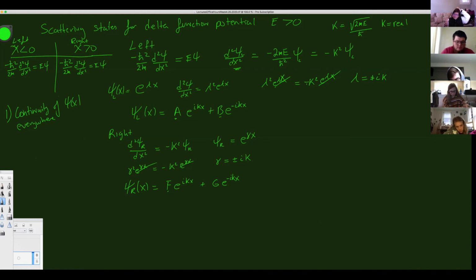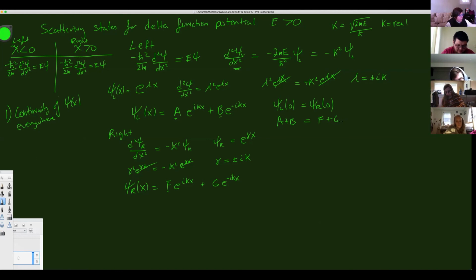So psi left at 0 had better also be psi right at 0. At 0, e to the 0 is 1, so you get A plus B on the left, and over here you just get F plus G. You don't really get a whole lot, but you get something. Not the most helpful of equations.